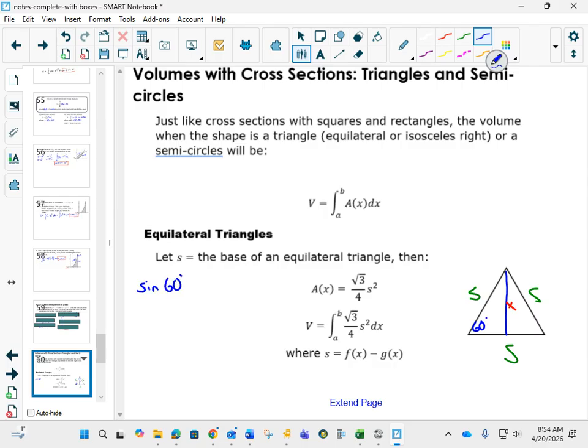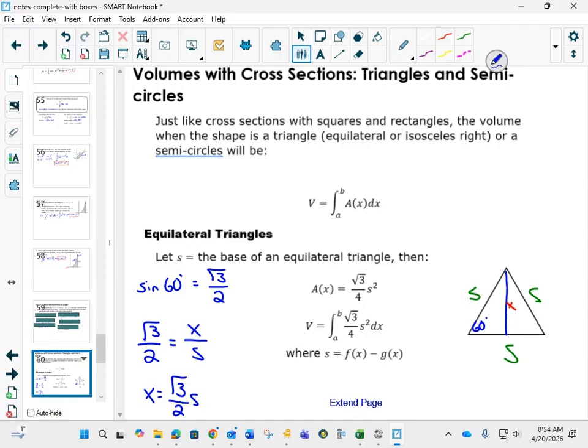that sine of 60 degrees from my unit circle is root 3 over 2. And so, if that's root 3 over 2, well, root 3 over 2, in this case, has to equal opposite over hypotenuse. And so x is root 3 over 2.